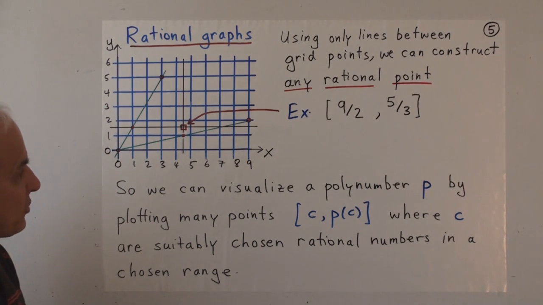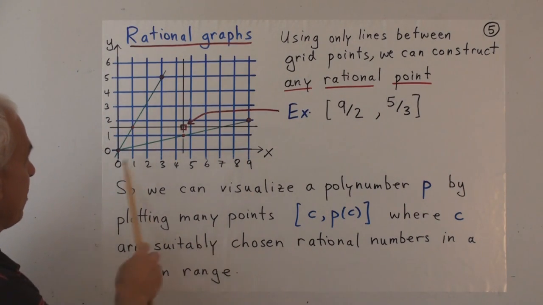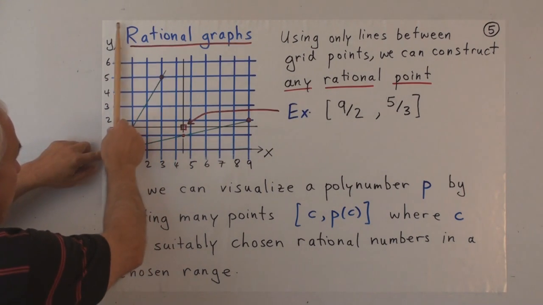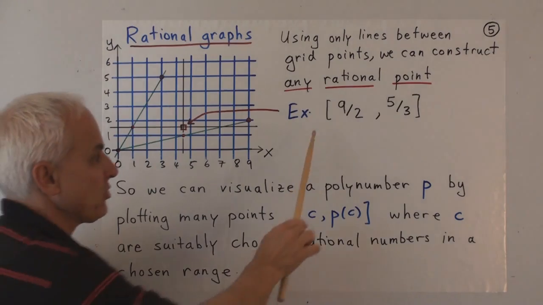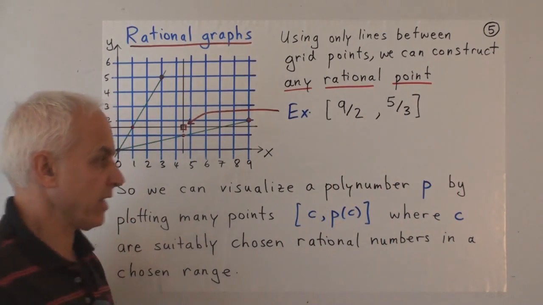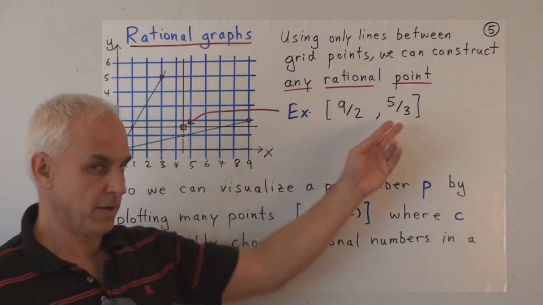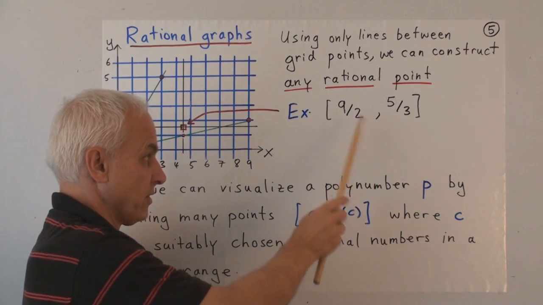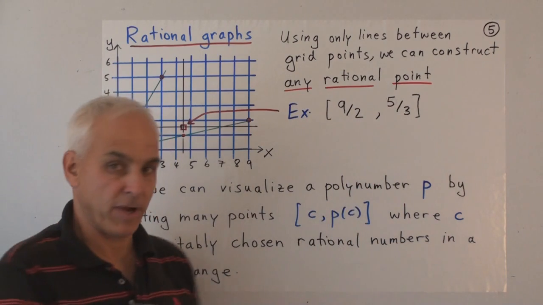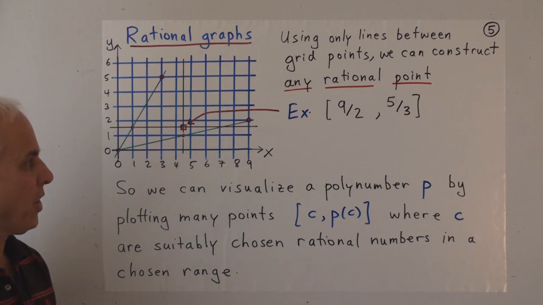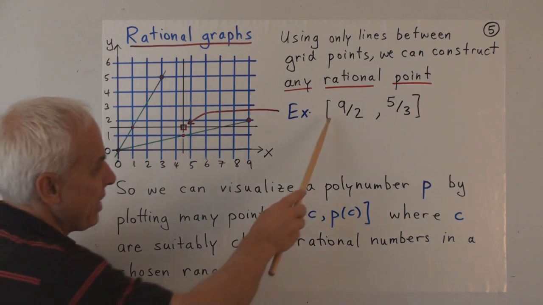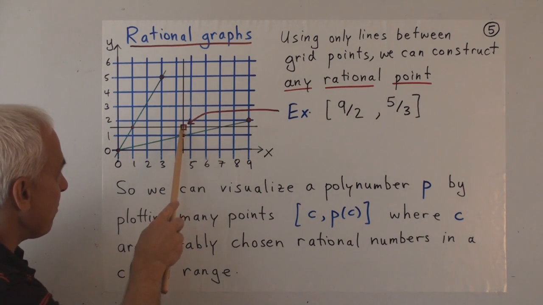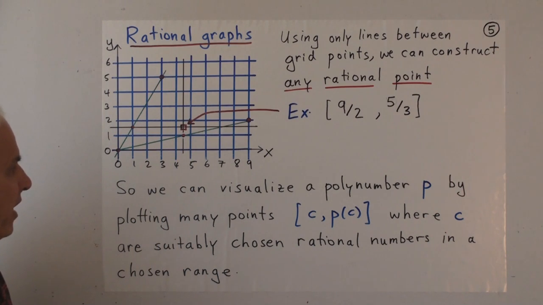Suppose, for example, that we're interested in the standard grid plane here, where now the x-axis is here, the y-axis is here. And suppose we're interested in plotting a point like this with rational coordinates: 9/2 and 5/3. 9 over 2, 5 over 3. Well, one way to do that is to say 9 over 2 is exactly halfway between 4 and 5, so we'll draw some point halfway between 4 and 5.